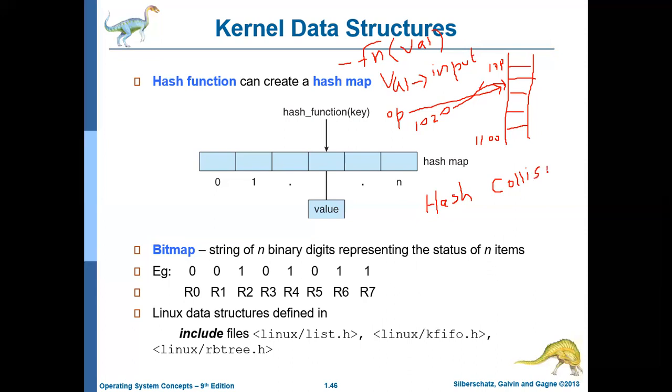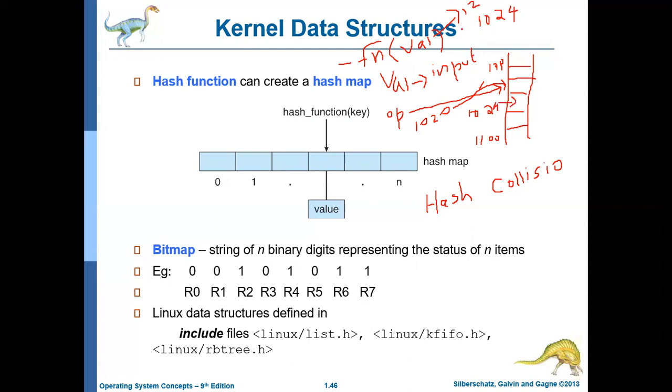For example, for this hash function I give a value, say 12, as input, and it produces an output 1024. It means the operating system should go to location 1024 and execute whatever is in 1024.